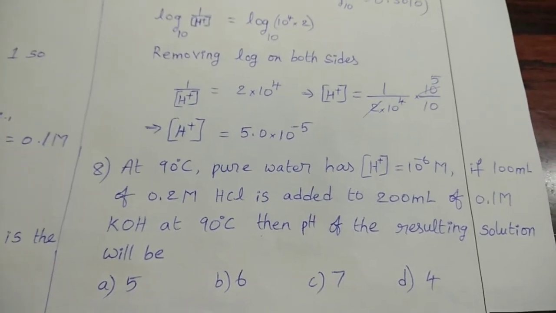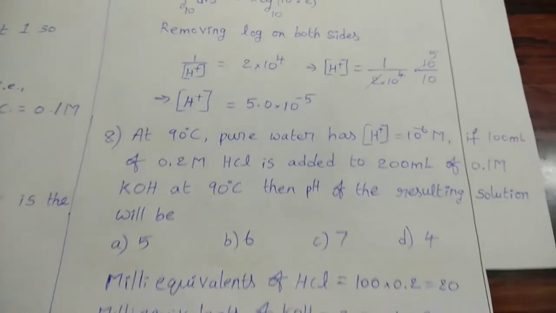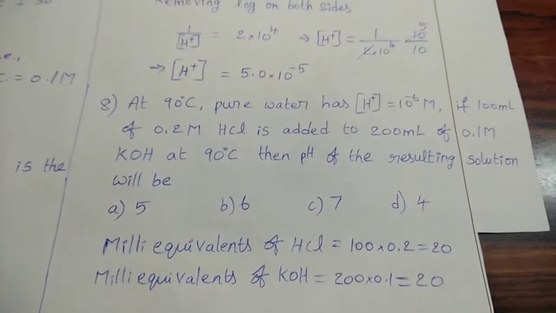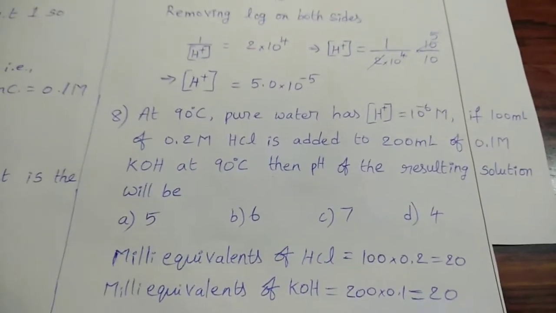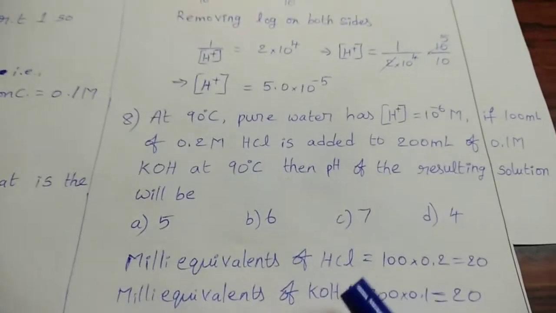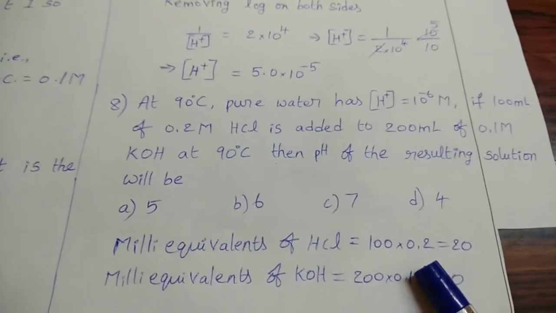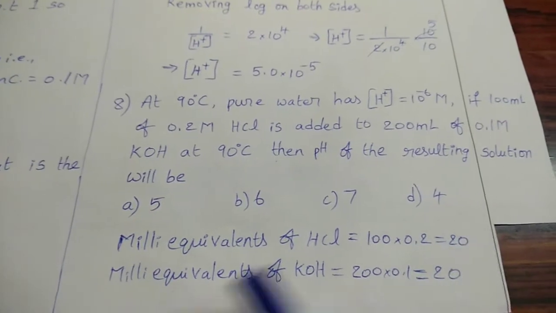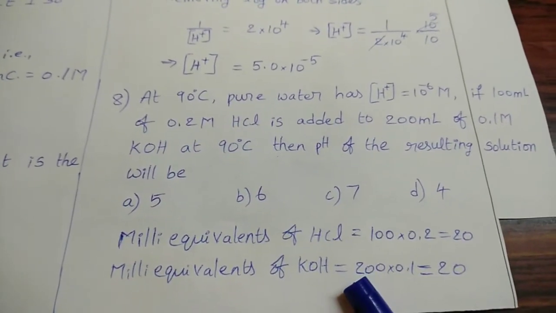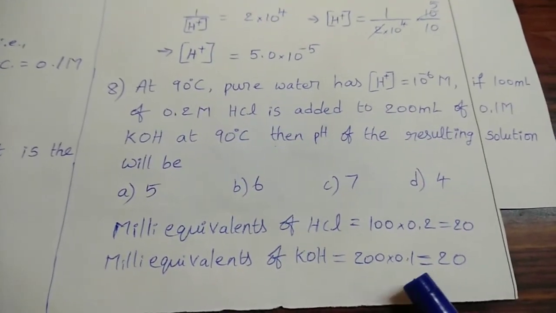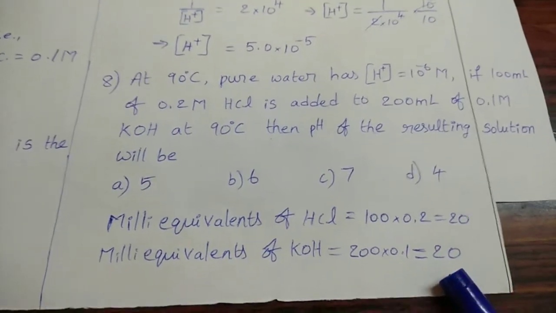From that nature we can calculate pH. Okay, see this. Here we should consider milli equivalents. Milli equivalents of HCl equal to its volume into molarity, that equal to 20. Milli equivalents of KOH equal to 200 into 0.1, that equal to 20.